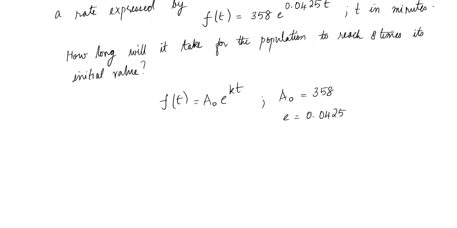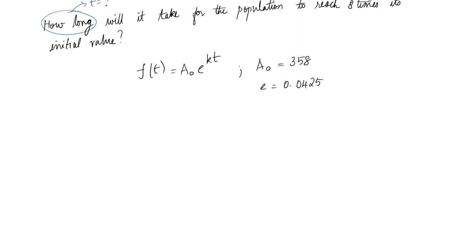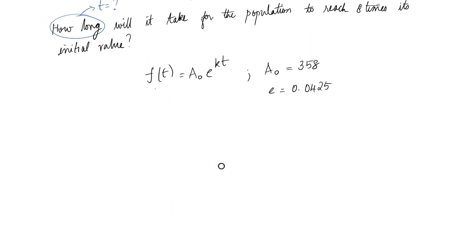The question says how long. That means you're looking for t. What is t? So you want to solve for t. Means the future value, f of t, is the population, or the new population, I should say. So the new population is 8 times 358.